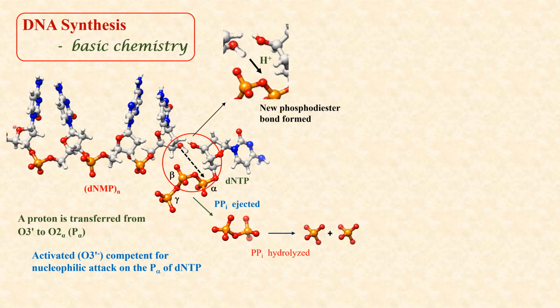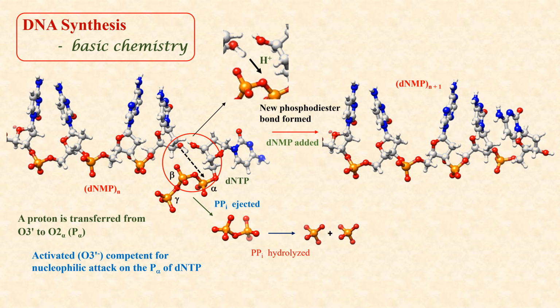On the other side, a new phosphodiester bond is formed, and a dNMP is added to the growing chain, which is longer by one residue. The entire process involves a free energy of 8 kilocalories per mole, which is quite favorable for the reaction.